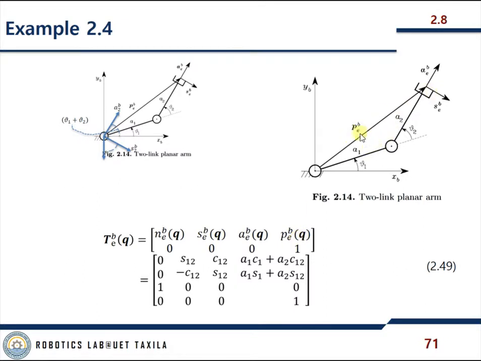So we have this p_e, and we could end up having this s12, c12, minus c12, s12. So we could reach by this. If we want to move from here to here, angle theta 1 and angle theta 2, if you combine them together, it becomes sine 12 and then minus cos 12.